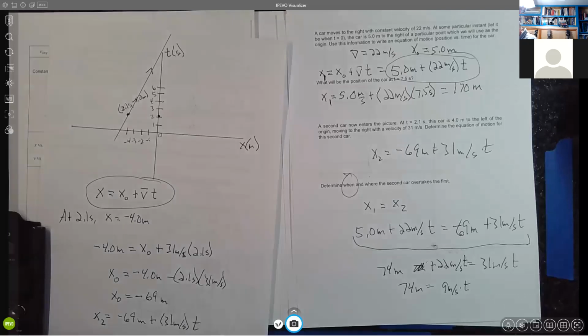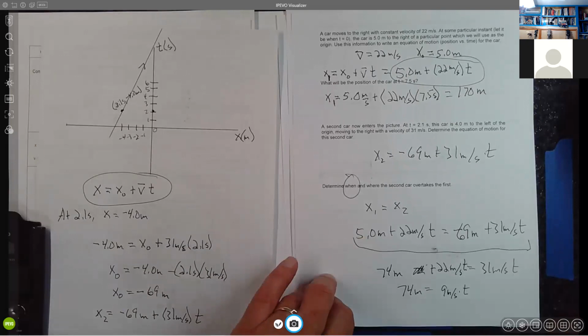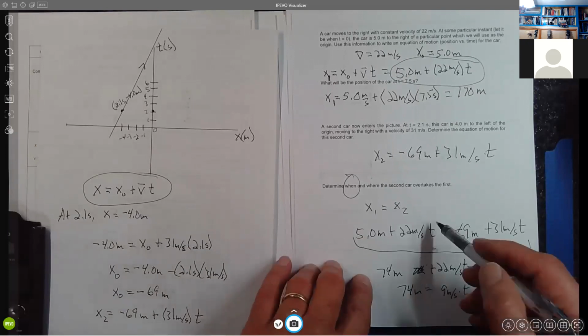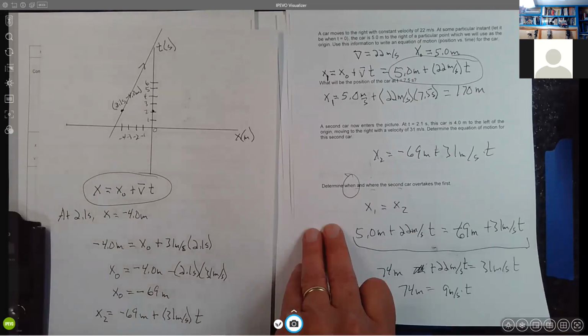All right. So to determine where the one car overtakes the other, you solved for t, was it? Yeah, because it said determine when and where the second overtakes the first.